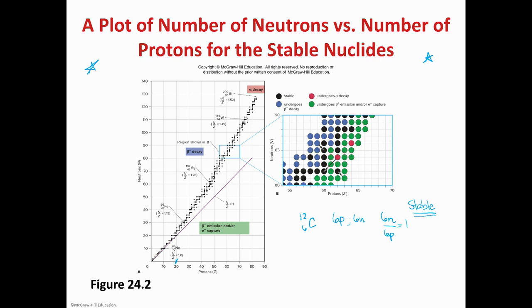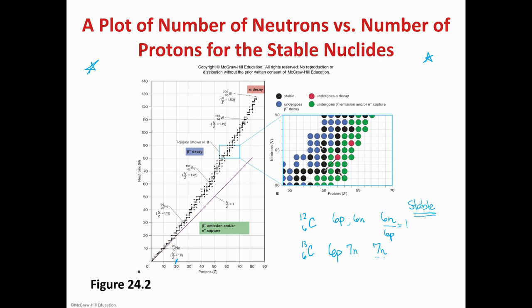stability there. Now, interesting fact, something you learned in Chem 152 is that in nature, most of your sample of carbon is carbon 12, about 99% of it, but some of it's carbon 13, and that's also stable. That has 6 protons and 7 neutrons.